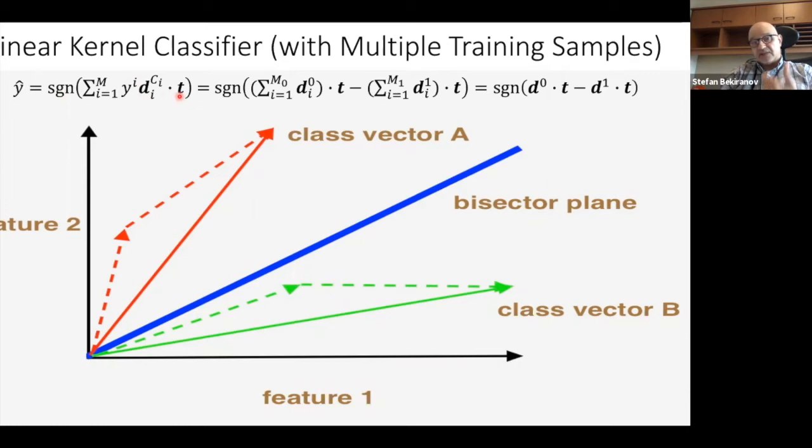So here I'm just taking the sum of dot products and multiplying it by its class value.